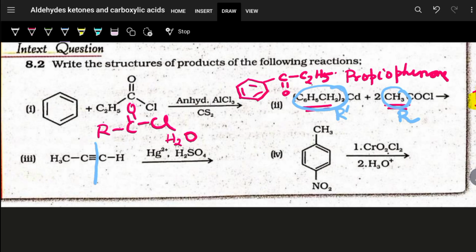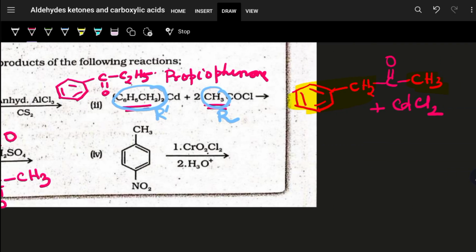That the carbon which is not having any hydrogen will be having what? Will be having the oxygen. The other one is having H2. So what will be the product? Product will be CH3, C double bonded O, CH2 and CH3.